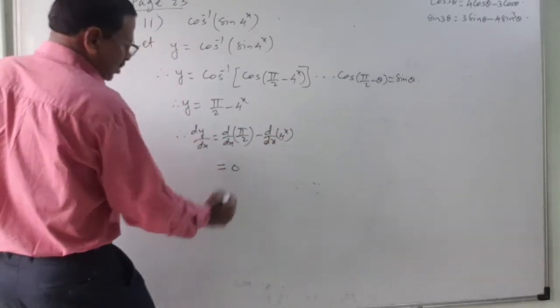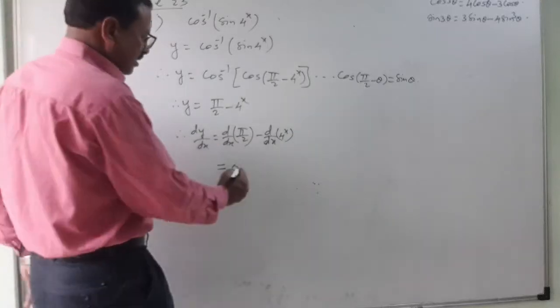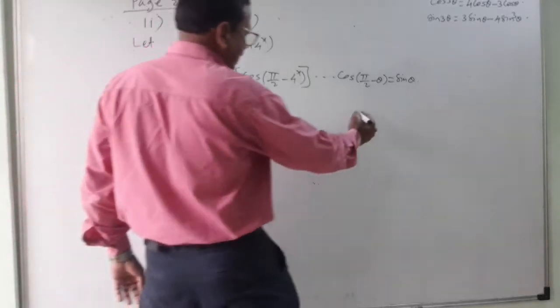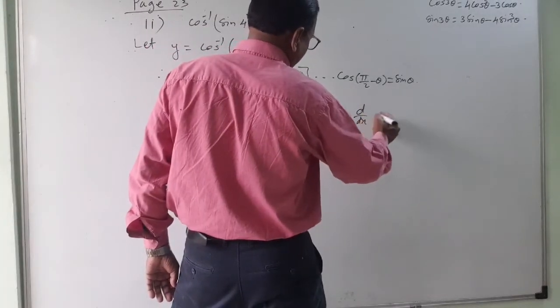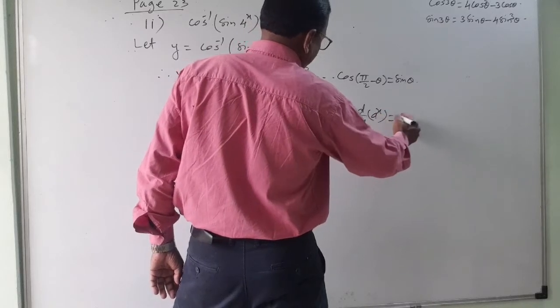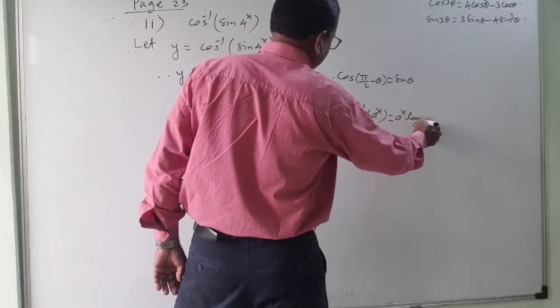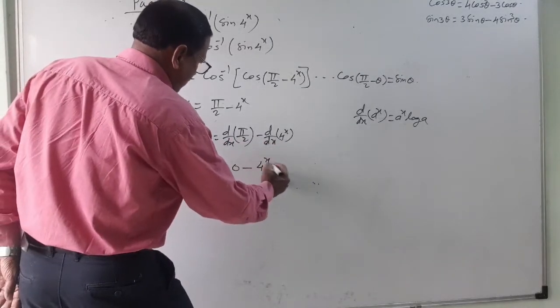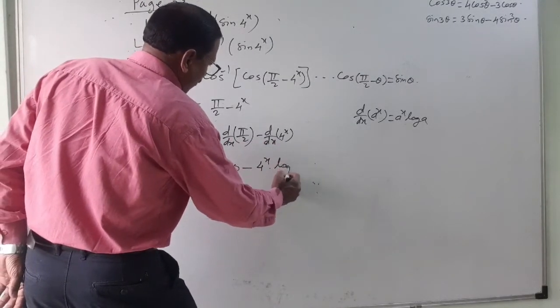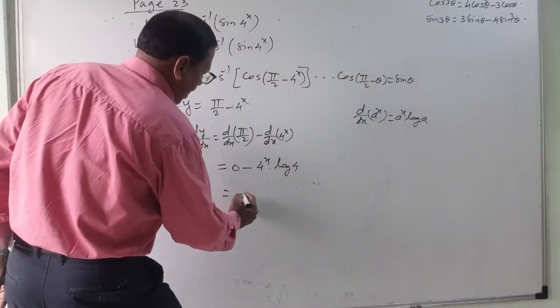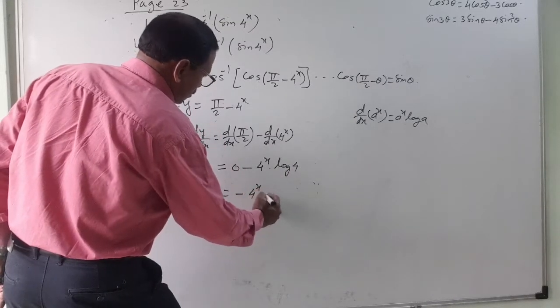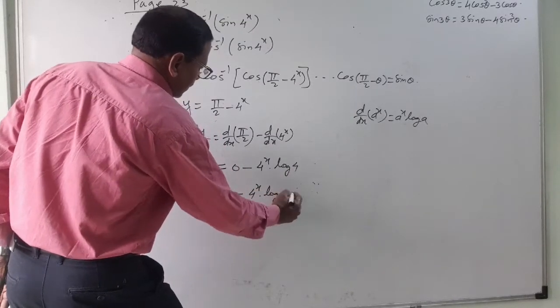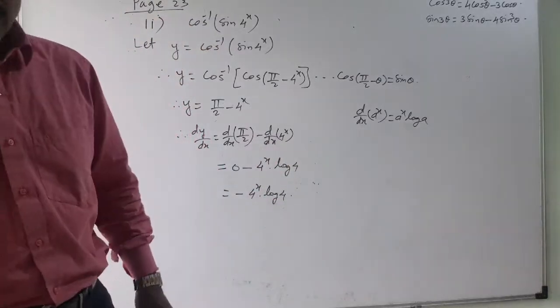That is equal to 0 because it is a constant, minus d by dx of a raised to x, a raised to x into log of a. A here is 4, so 4 raised to x into log of 4, and this is the answer: minus 4 raised to x into log of 4. This is the answer for this.